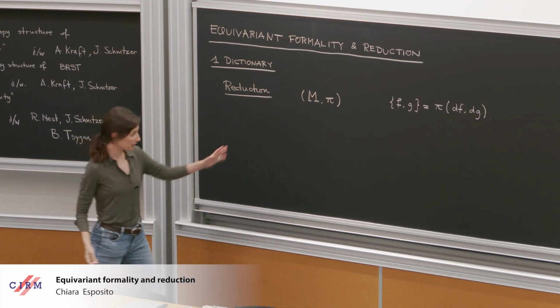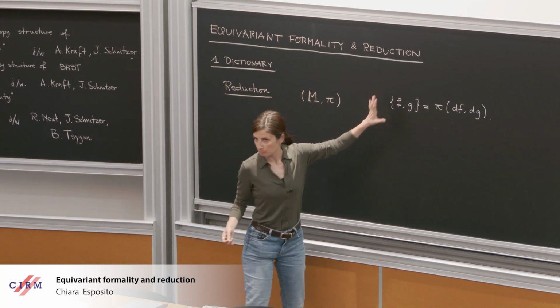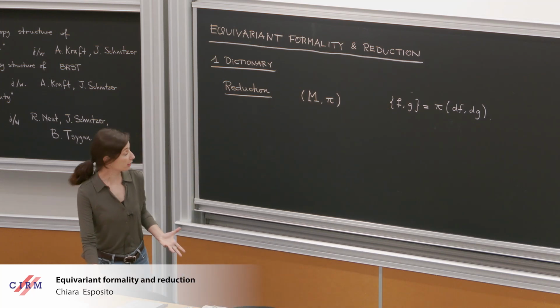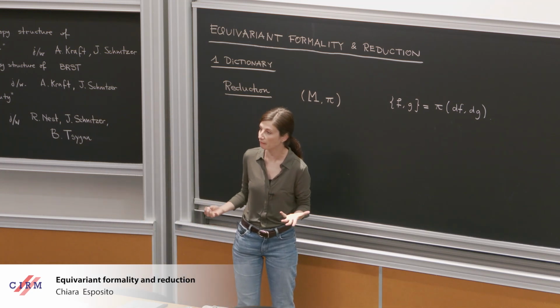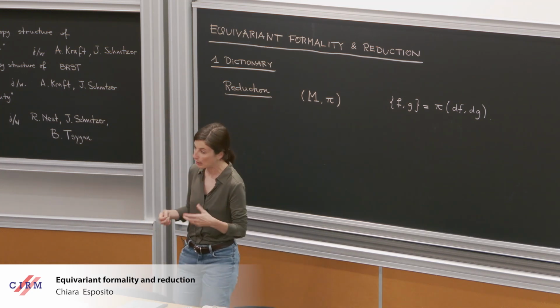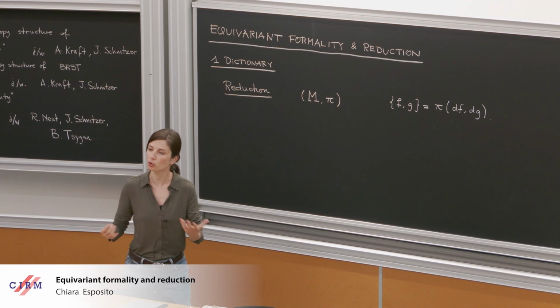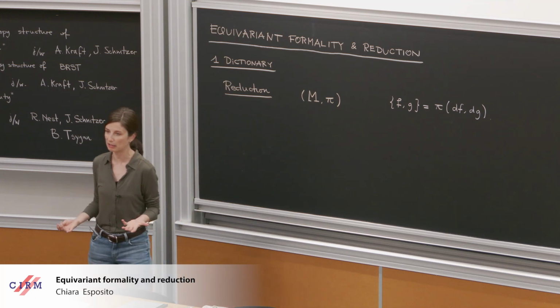This bracket is a Lie bracket plus Leibniz. And why do we do that? We do that because this bracket allows us to write the Hamiltonian vector field, the Hamiltonian equations of motion, even though the phase space is a generic manifold.